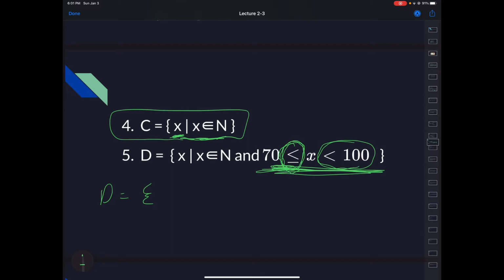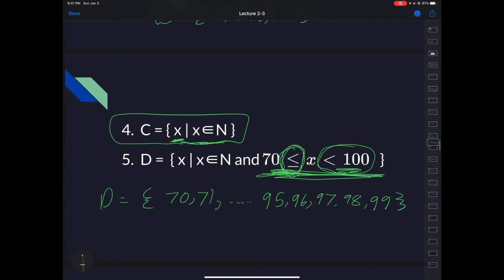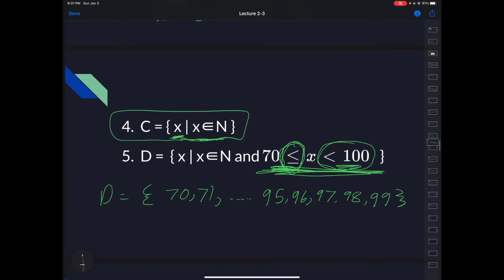Remember your inequality symbols. 70, 71, and we're going to go all the way up to 100, not including 100. So we're only going to go up to 95, 96, 97, 98, 99. I should have started a little higher. And so that is our set. I could have listed them all out, but it would have taken an extra minute. So that is our answer to that question.